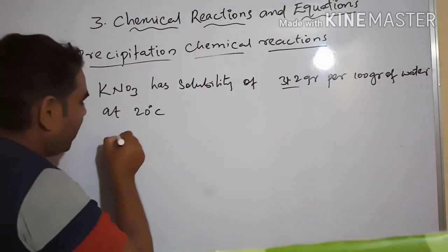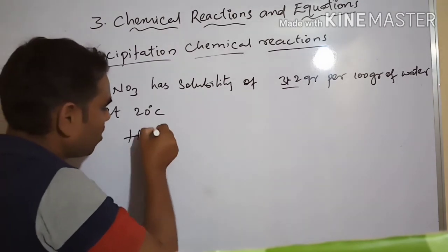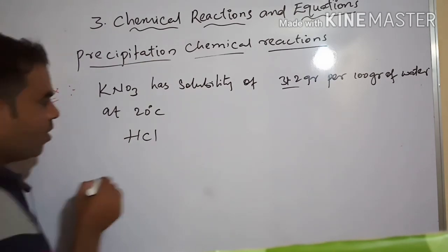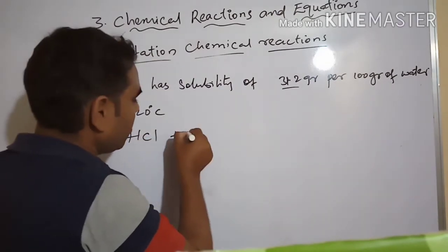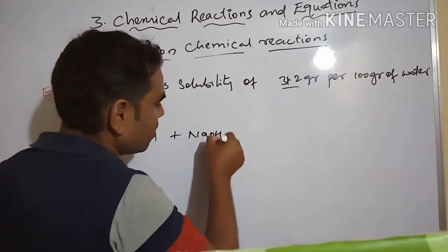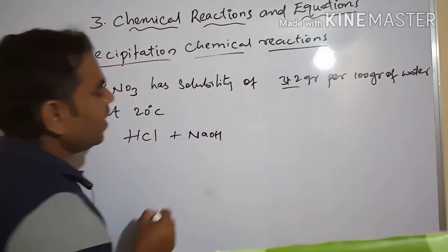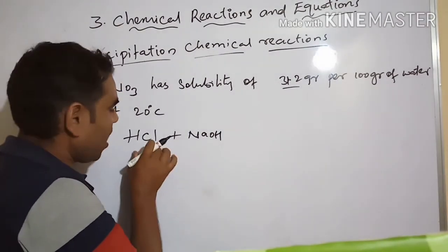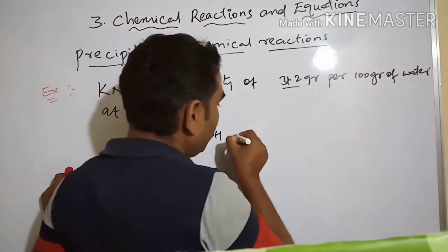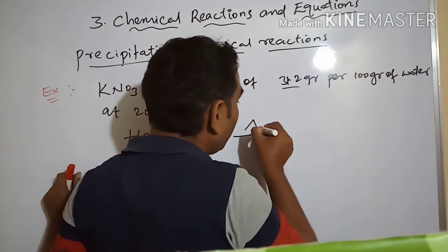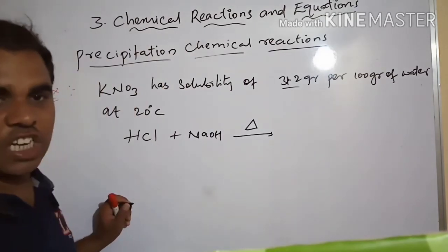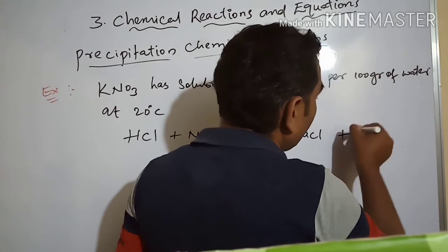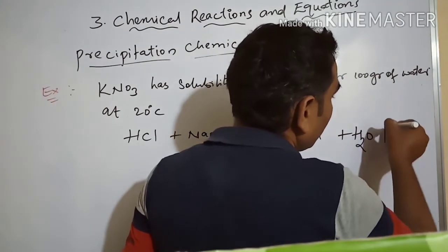Let us complete one reaction. For example, hydrochloric acid, which we already completed in 6th and 7th standard, plus NaOH. NaOH is a solid in nature, in pellets, and hydrochloric acid is a liquid. We have to apply heat. Sodium chloride is formed, and water will be removed.